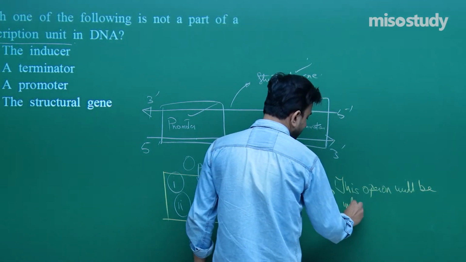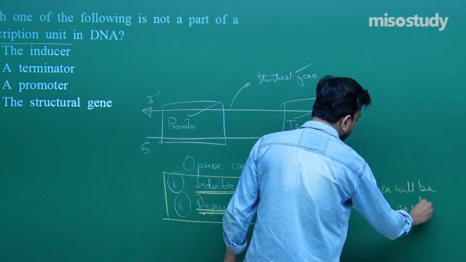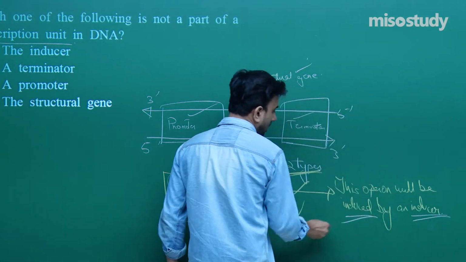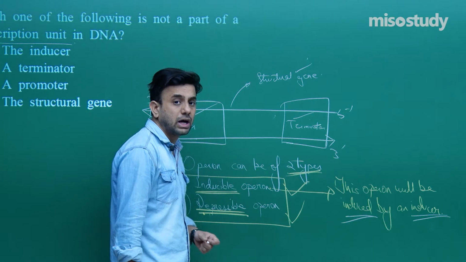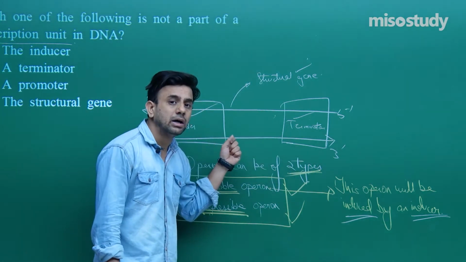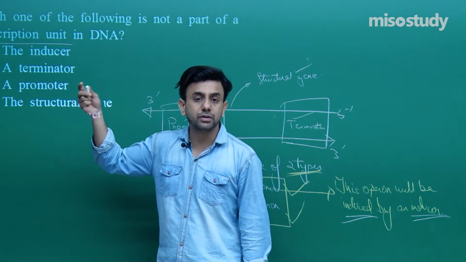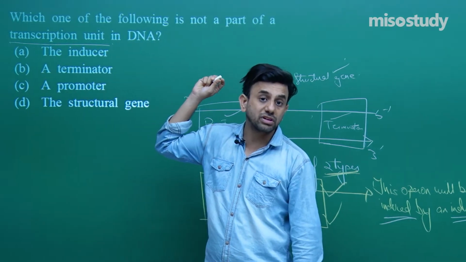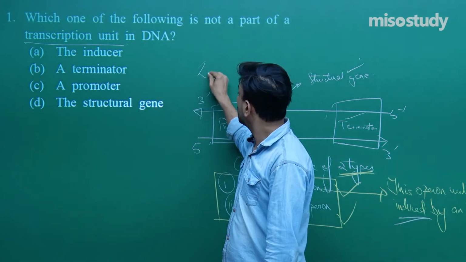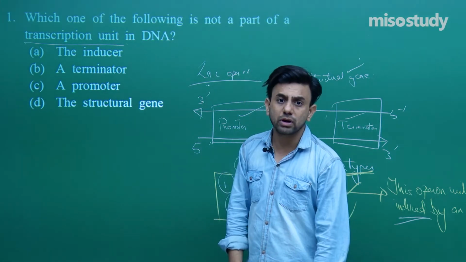This inducer will come and bind here, and it will activate the whole of the operon. In the case of the lac operon, it was lactose and allolactose. The lac operon was basically for the digestion of lactose in prokaryotes.